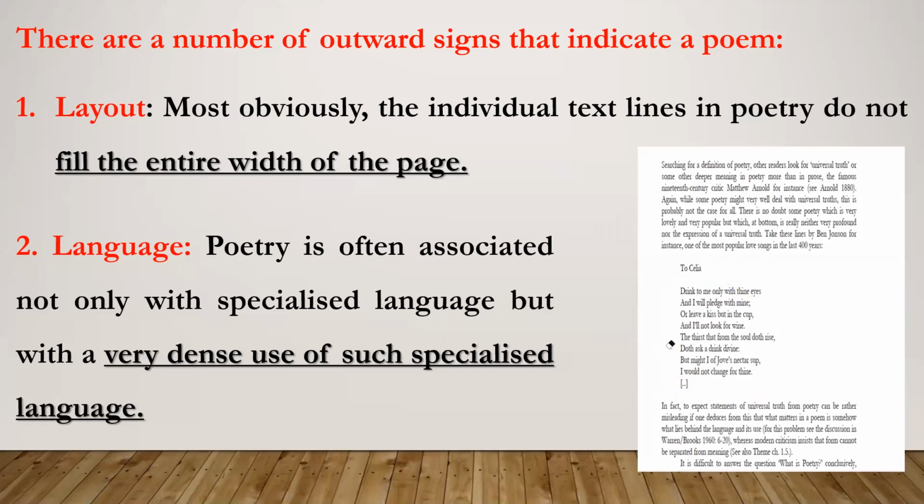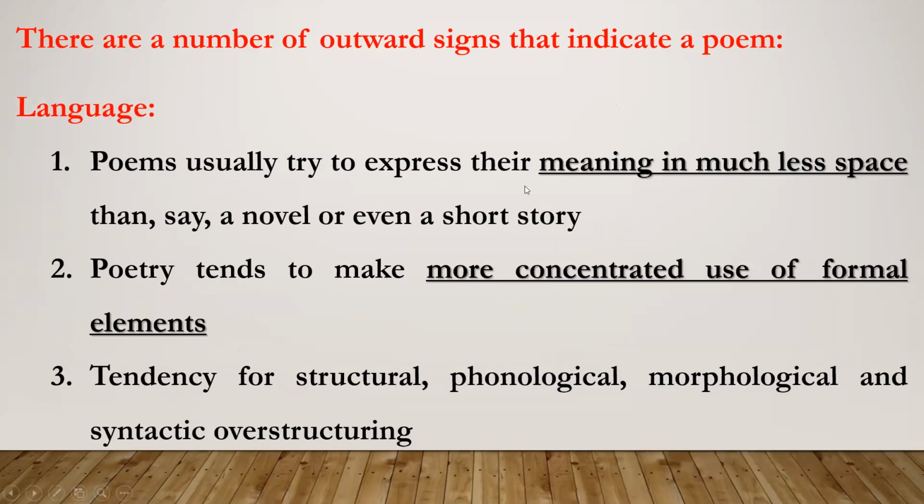The second thing that followed the layout of a poem was the language. We mainly focused on the intensive use of specialized language due to the relative shortness of a poem. Under the umbrella of language, we talked about the short space allowed for poetry, and this short space doesn't have any specific criteria.